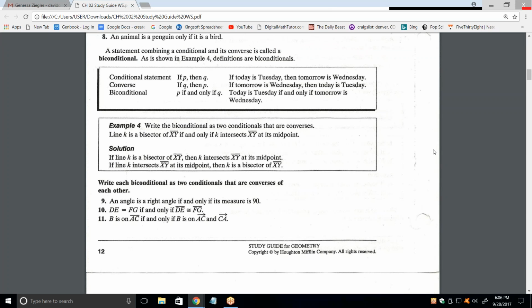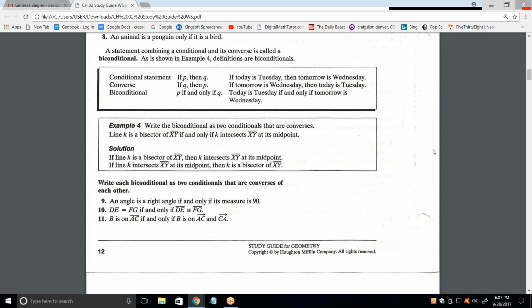Let's see what they have to say about biconditionals here. A statement combining a conditional and its converse is called a biconditional. So the conditional statement is if P then Q, the converse if Q then P. The biconditional is P if and only if Q. Okay. For example, if an angle is 90 degrees, then it is a right angle.